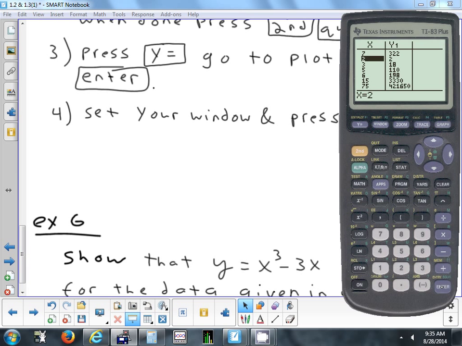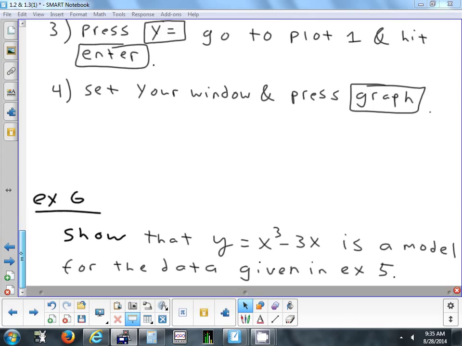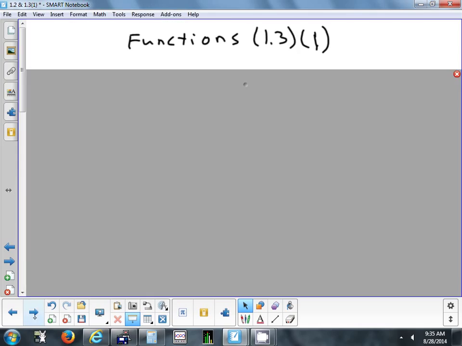Once I show you how to set it up, you can type in any value you want for x, and it'll automatically tell you y right away. Okay, so it's pretty handy. Any question on example 6? Okay. All right, so that's it for 1.2.